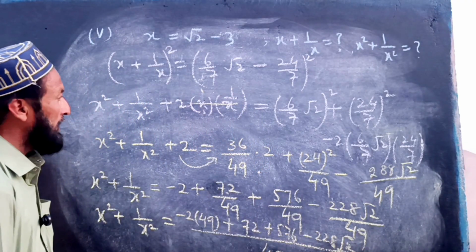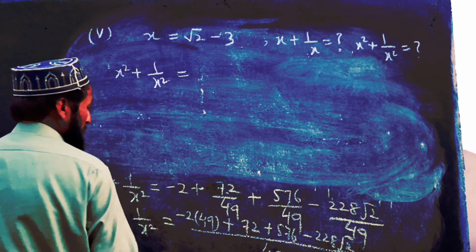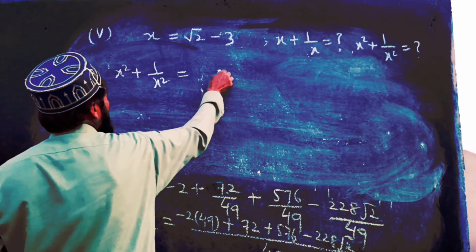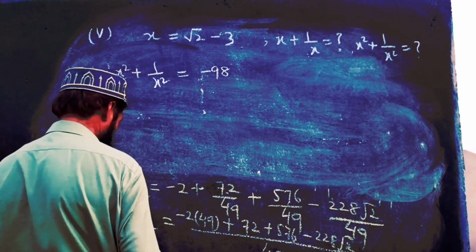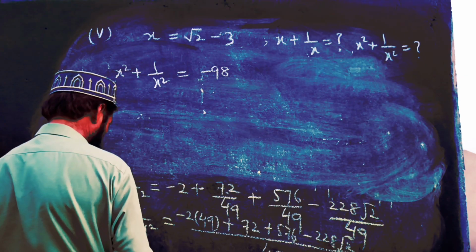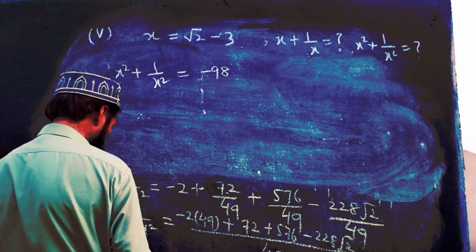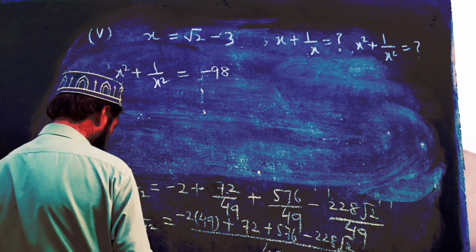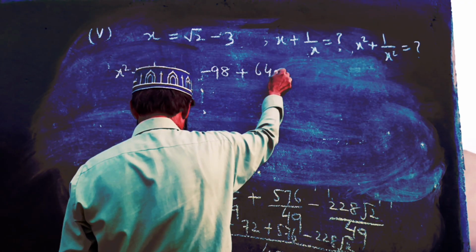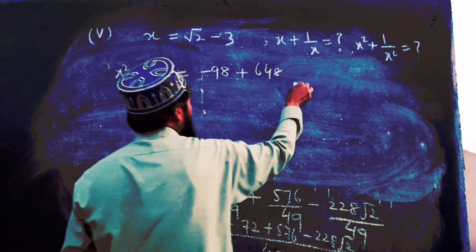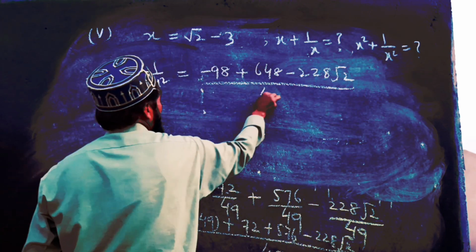Many students make mistakes in this question, but x square plus 1 over x square is equal to, this will be minus 98 plus 72. If we add this result, plus 72, so we get plus 648 minus 228 under the root 2 divided by 49.